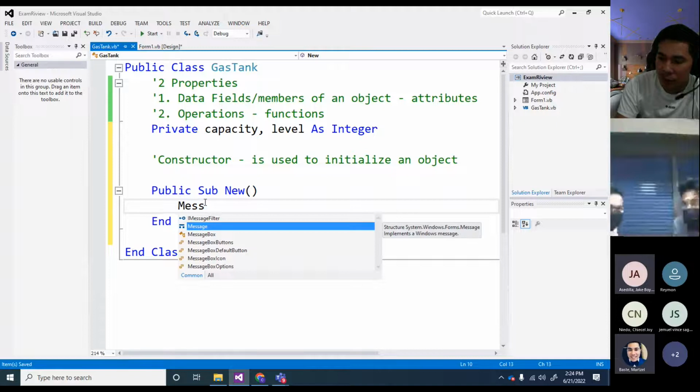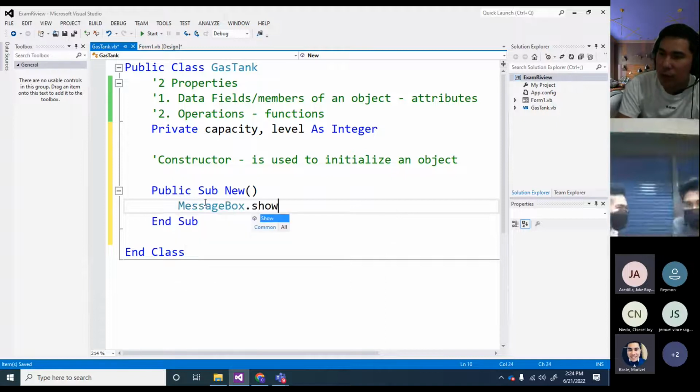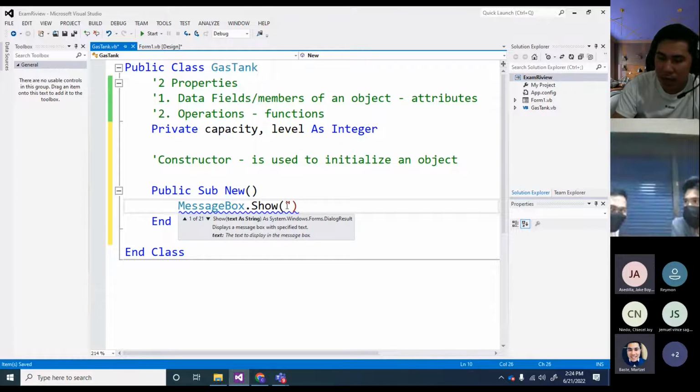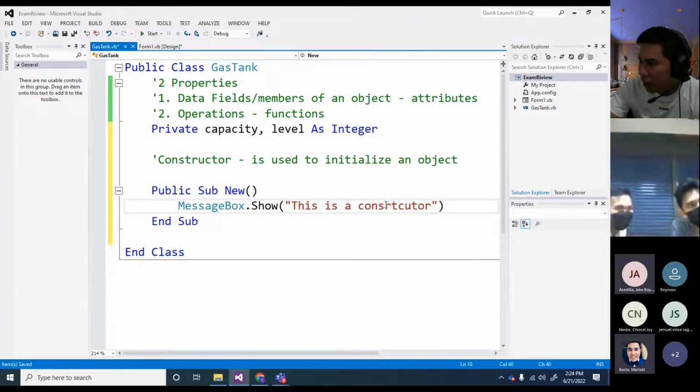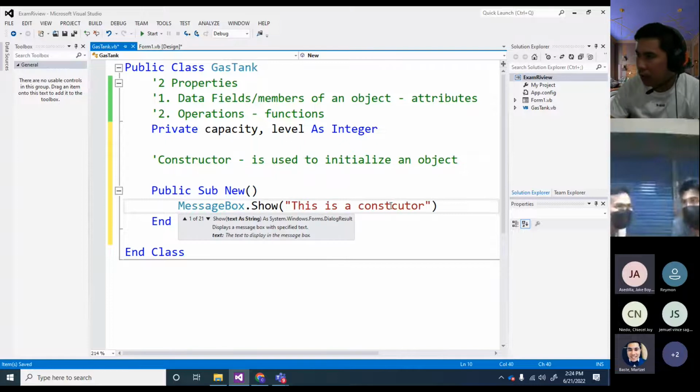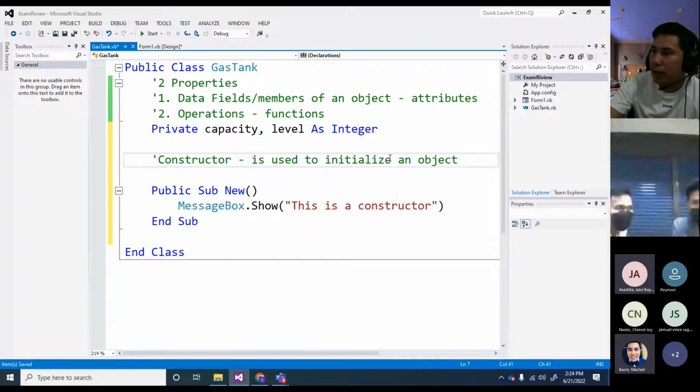So by the way, what is constructor? Once you instantiate an object, so let's say ato na siya ibutang dire, this is a constructor. Spelling constructor. Ayan.